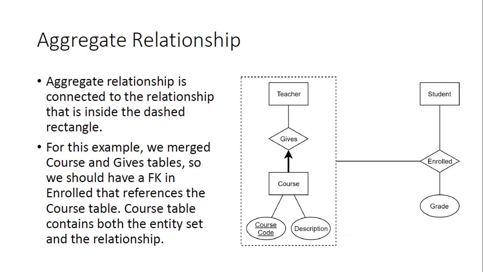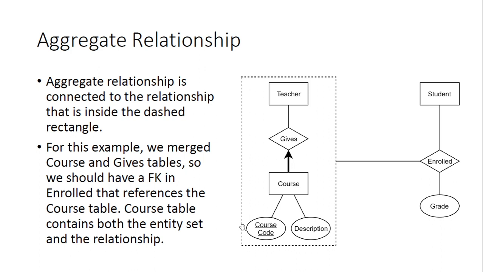So that's the difference. And then we have aggregate relationships. In aggregate relationships, the difference is that instead of connecting the relationship to an entity set directly, we are connecting a relationship to an existing relationship. And in the ER diagram, so as not to have confusion, this has some special notation.